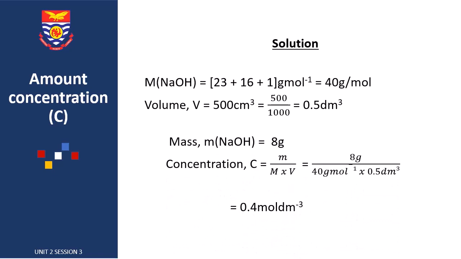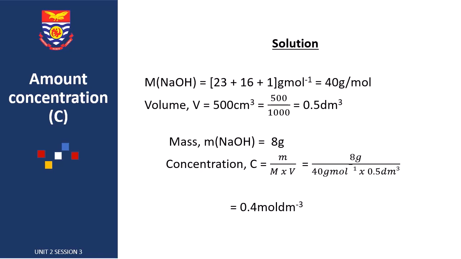So knowing this and the data from the question, having the mass as 8 grams, we could have chosen the other relation where amount concentration C is equal to n over V. In that case, we would have calculated the number of moles separately, and then brought it into the formula.